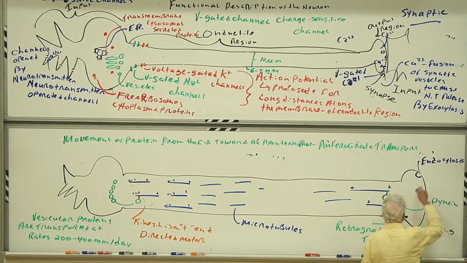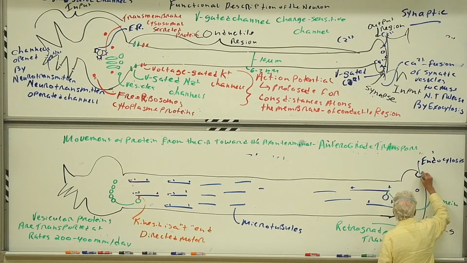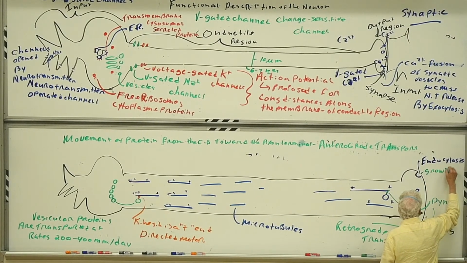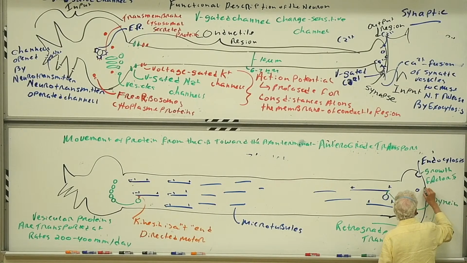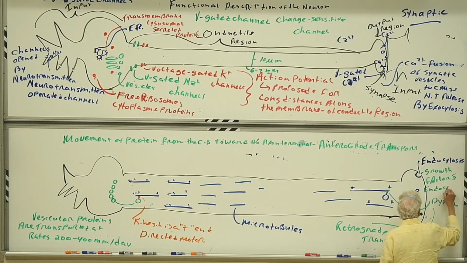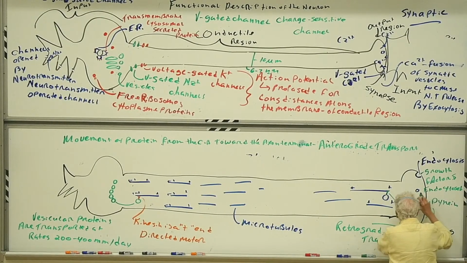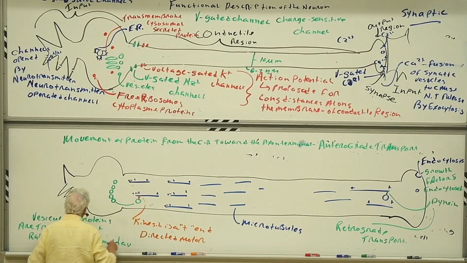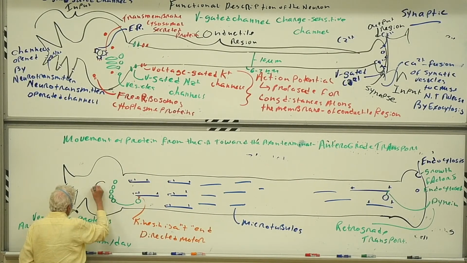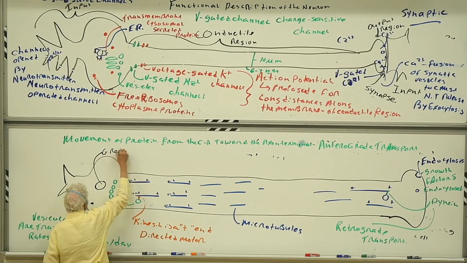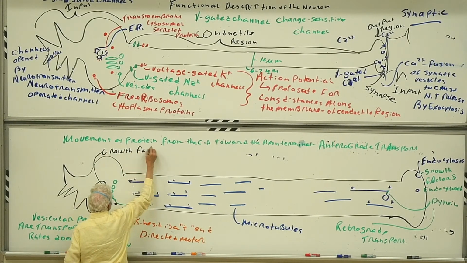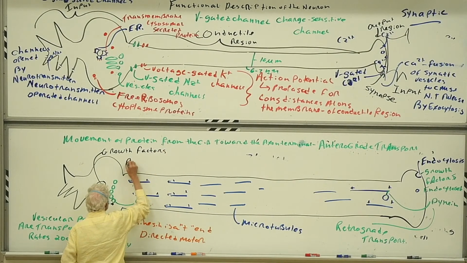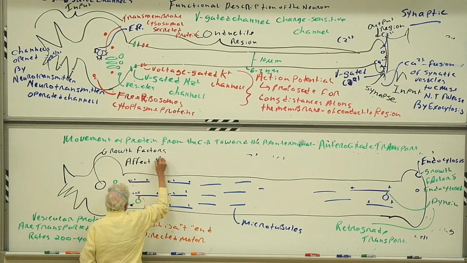One of the things that happens in endocytosis is that growth factors are endocytosed. These growth factors are packaged in the vesicle and they're transported all the way from the terminal back to the cell body. And in the cell body, those growth factors then will affect the genome.